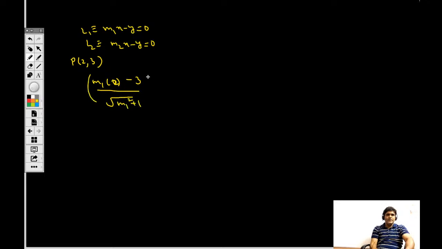This is the distance from P(2, 3) to L1. The product of the distances is given in the question. The distance from P(2, 3) to L2 is m2 into 2 minus 3 over the square root of m2 square plus 1. This is the product of the distances. Now multiply these two.